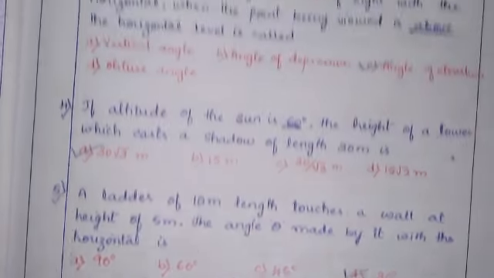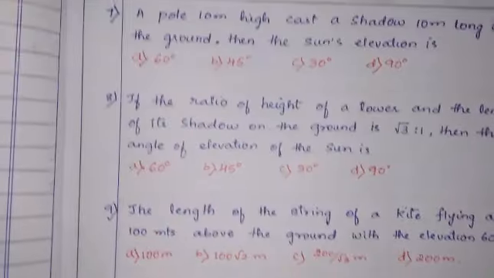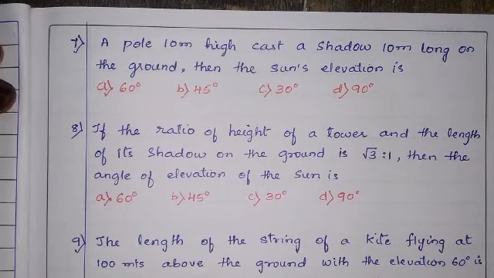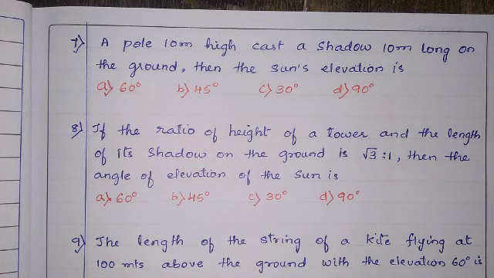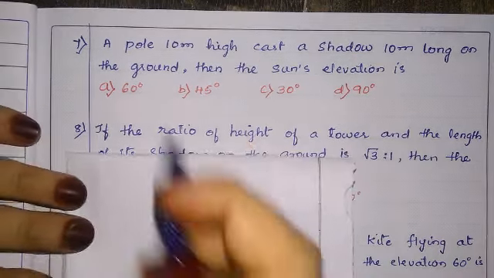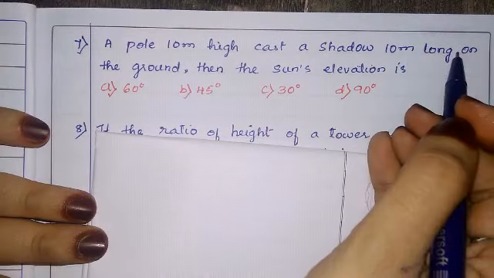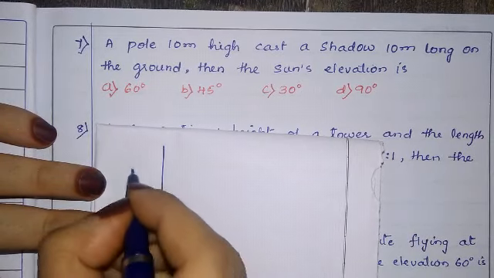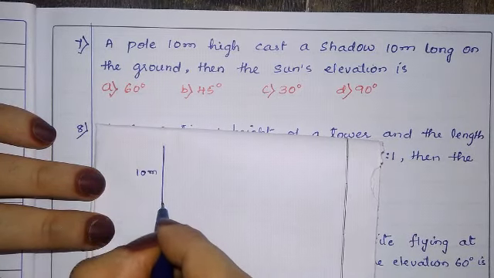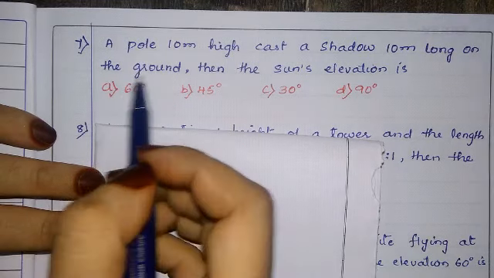Okay, now let us see the next question. Question number 7. Almost all similar type of questions. You can see all these questions are from different papers, but the questions asked are almost similar. A pole 10 meter in height casts a shadow of 10 meter long on the ground.